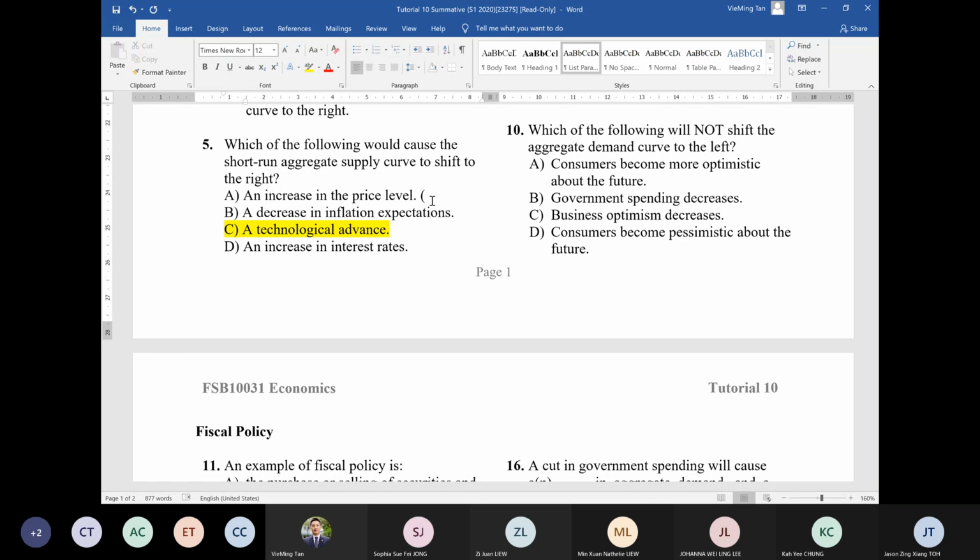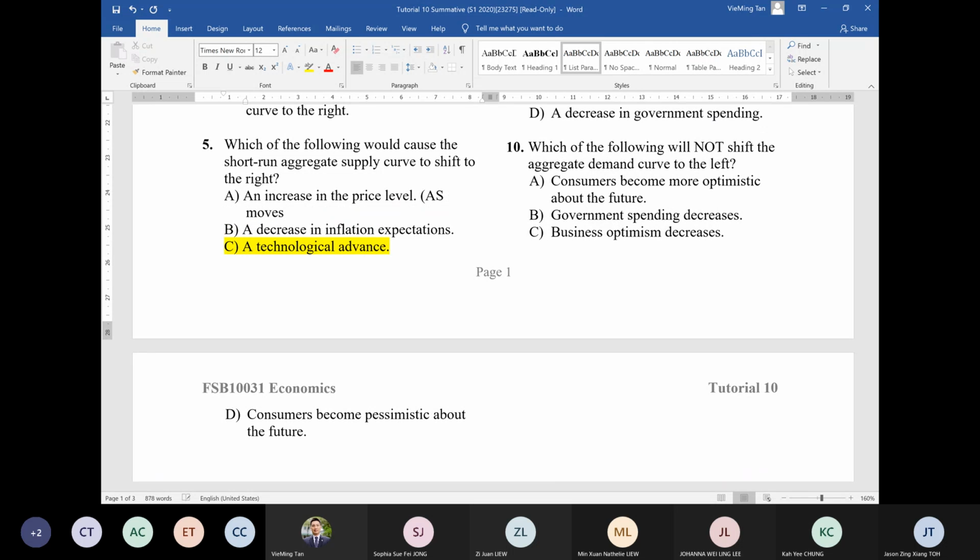So this is going to AS. I put the AS curve. The AS curve will move upward.